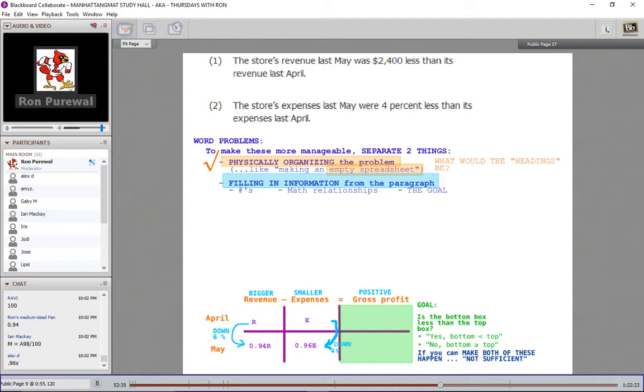And the profit, well, those are the profit expressions. Anybody got a story to tell me about those two? Can anybody tell me something about these?